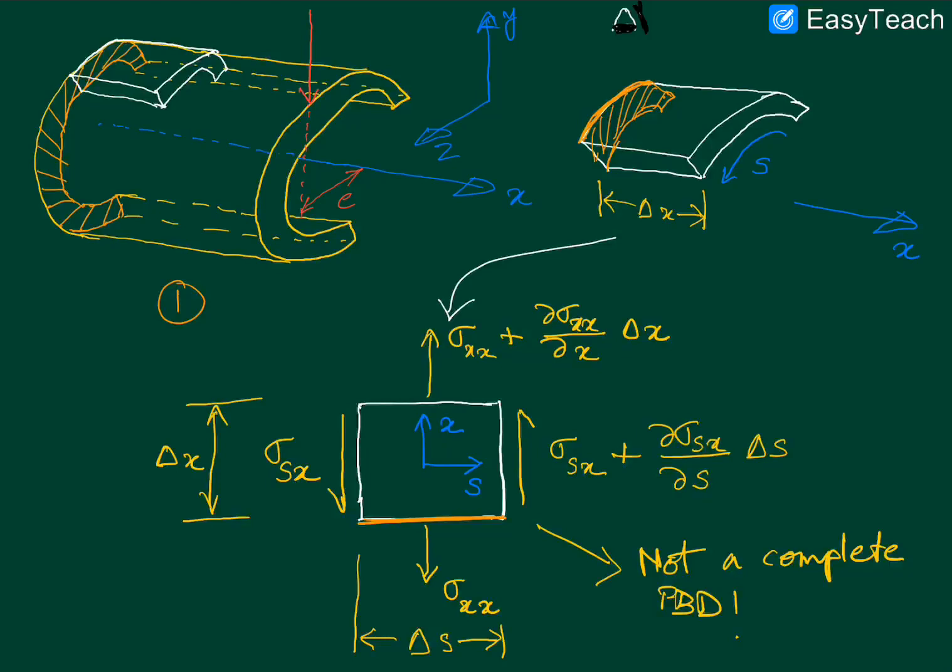So what we are going to do is consider all of these stress components, multiply them by the corresponding areas to obtain the forces, and then set the summation of them equal to 0.